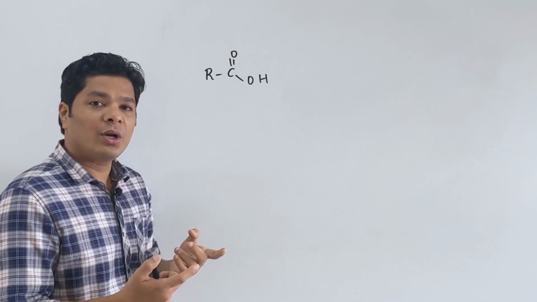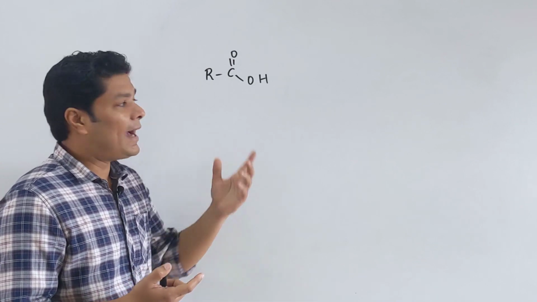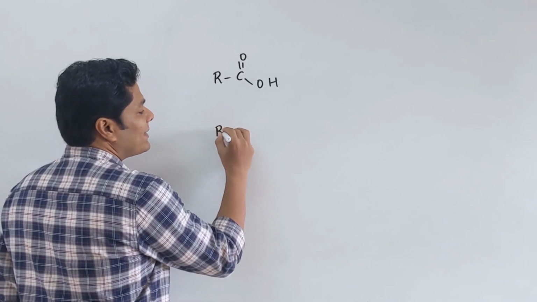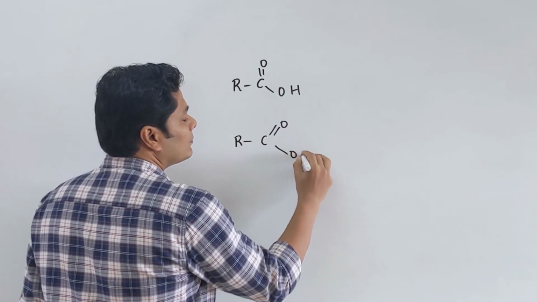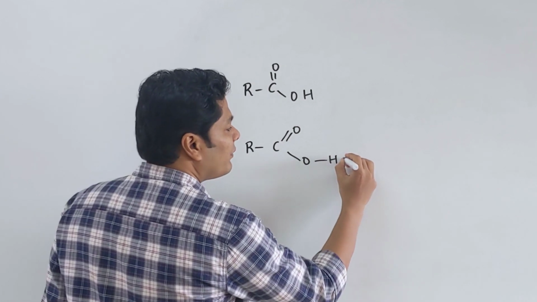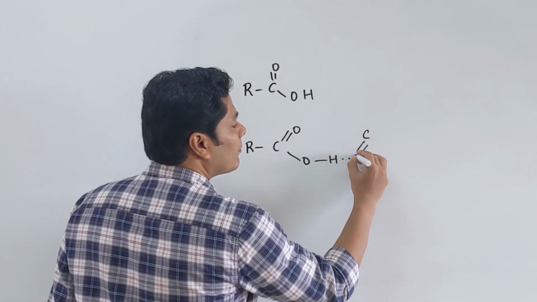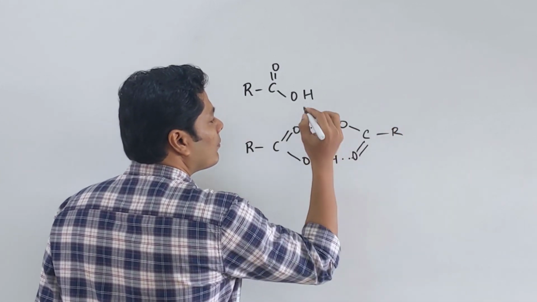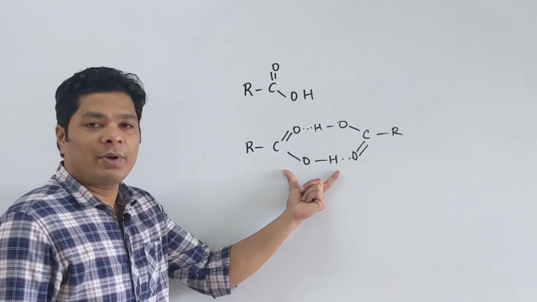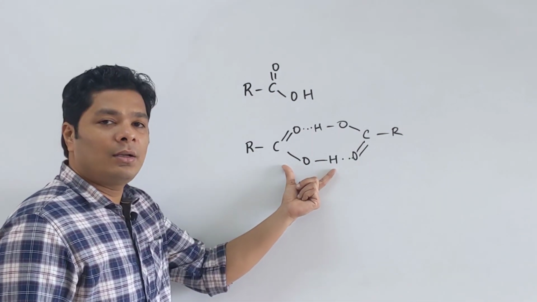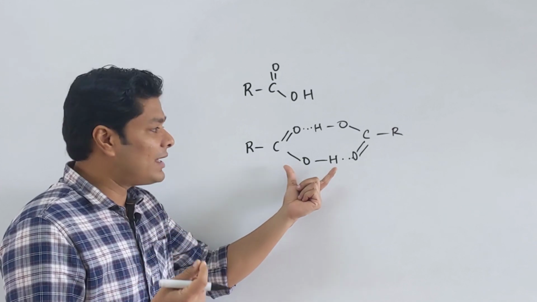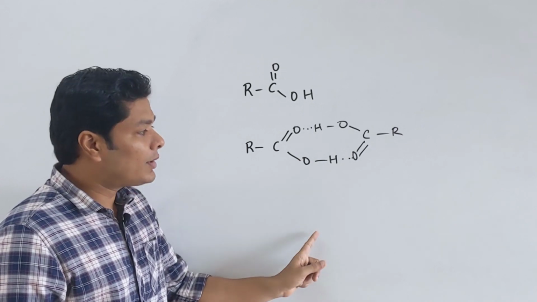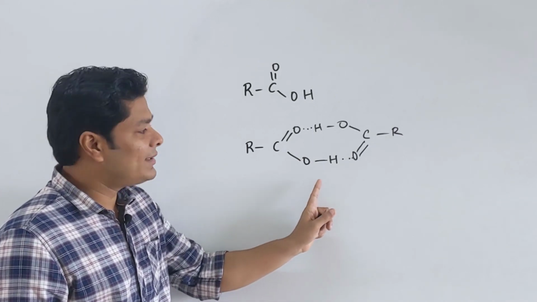Their hydrogen bonding is so strong that even in vapor phase, most of the acids exist as dimer. So if you write an acid, even in vapor phase, this is what we are going to see. It exists as a dimer. And also, an important point you want to know, carboxylic acids exist as a dimer in benzene solution. So in vapor phase they exist as a dimer, in water they don't exist as a dimer, but in benzene they exist as a dimer.